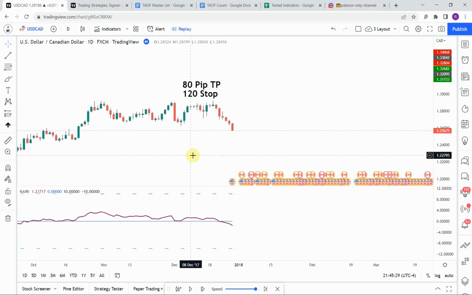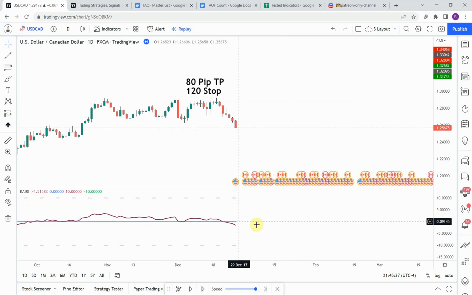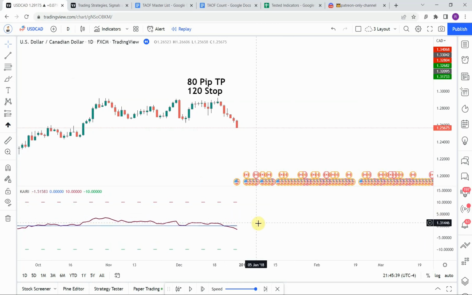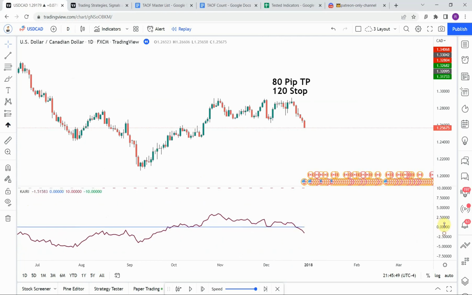So back to the indicator. Here it is, the KAIRI relative index. I may be saying that wrong, but that's all right. That's how I'm going to pronounce it. So you can see it here on the bottom of the screen. And so basically what we have is a zero line cross and an oscillating line here. And you can see it bouncing around, moving up and down around the zero line there.